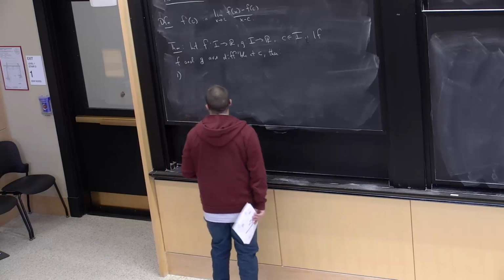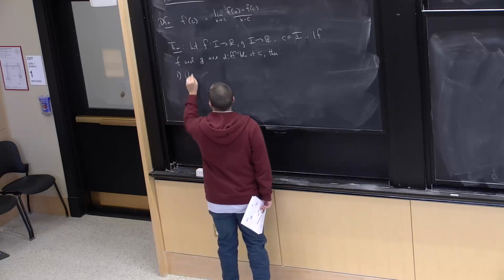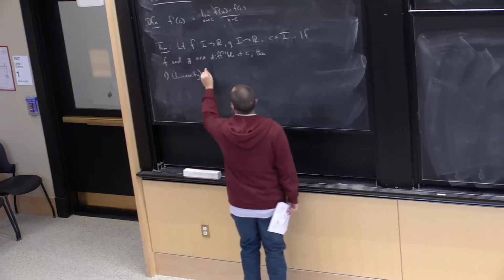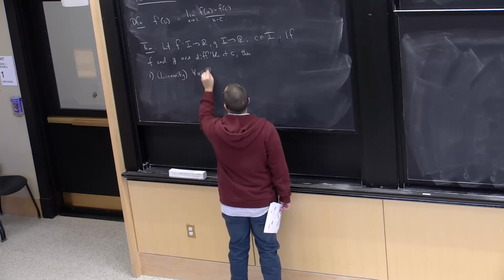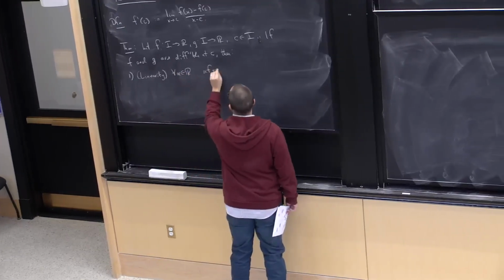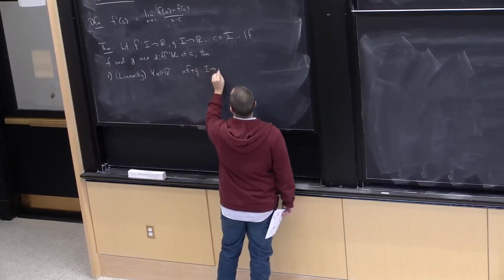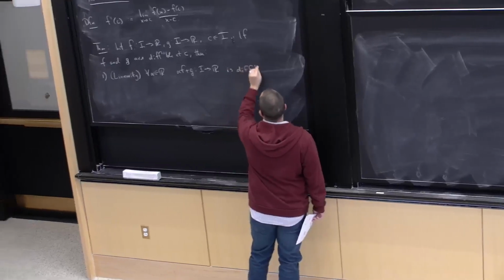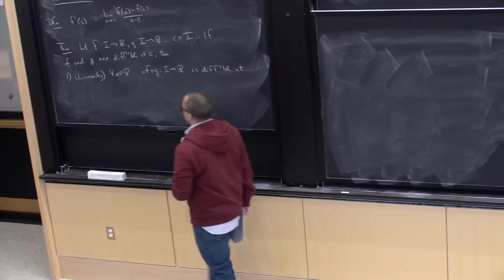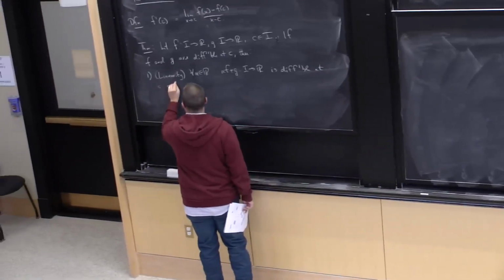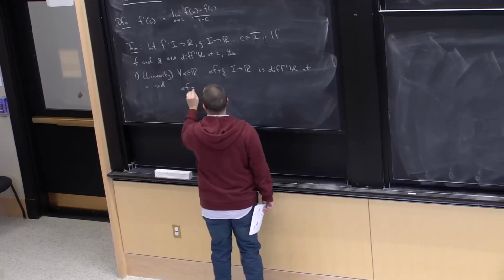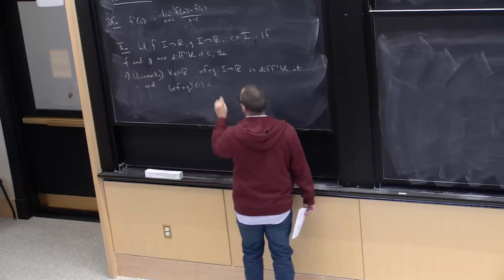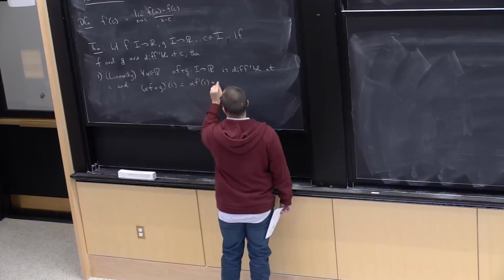The first is basically the linearity of the derivative, that for all alpha in R, the function alpha f plus g, which now goes from I to R, is differentiable at C, and the derivative of the function alpha f plus g prime at C is alpha times f prime of C plus g prime of C.